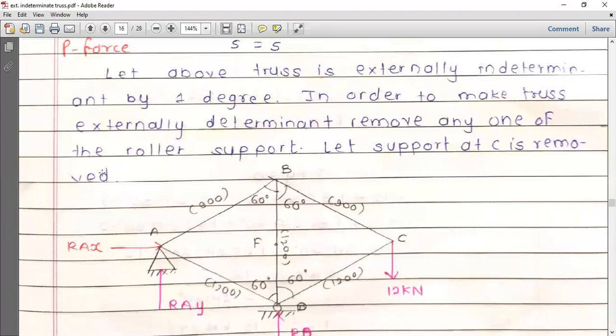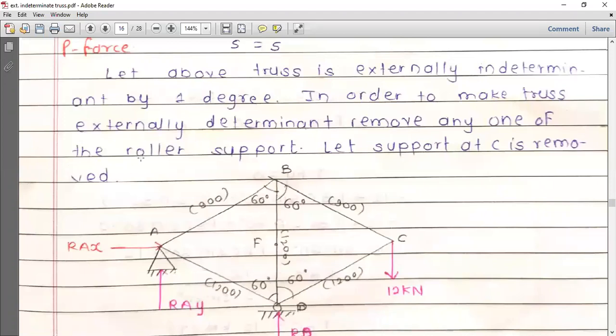Of course, to make the given truss determinate, we have found the SDI, and here you have got that the given truss is externally indeterminate. It means by removal of one extra reactive component which is generating from the support, the given structure will become a determinate type of truss.